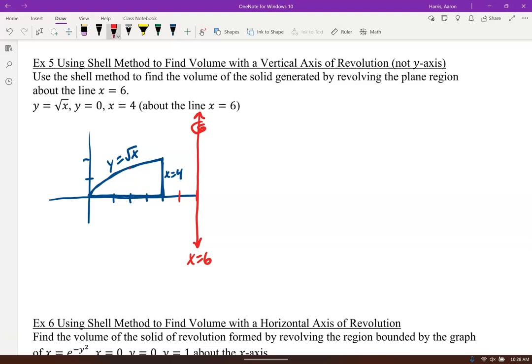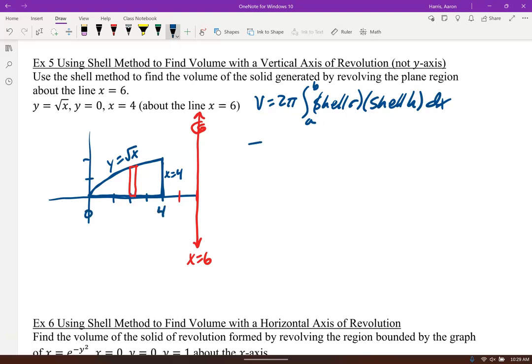So we still slice it parallel to x equaling 6. And actually, volume is 2 pi, shell radius, shell height, a to b. And so we're still going to sum it up from 0 to 4. That'll be our bounds on this. Still sum up those shells from 0 to 4.